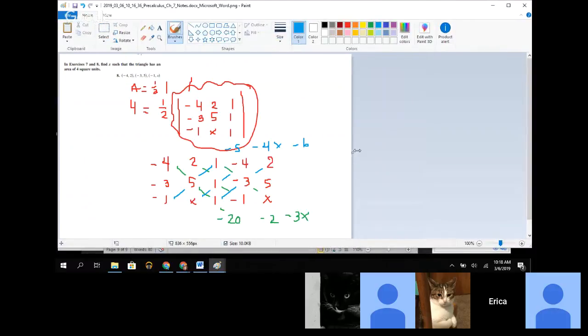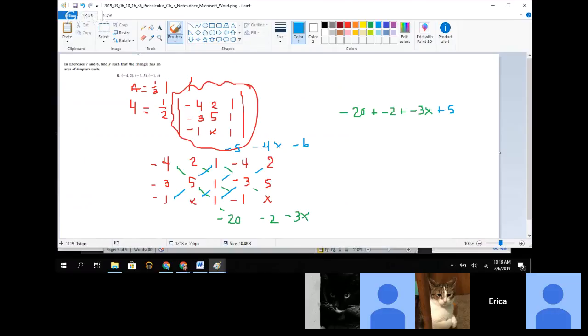Let me make my paper bigger here. So I have -20 plus -2 plus -3x. And then I'm going to subtract everything in blue. So it's minus a -5, so it's +5, minus a -4, so +4x, and minus a -6, so +6.